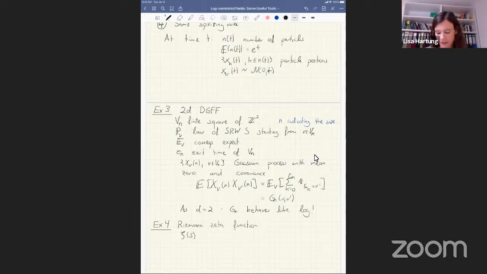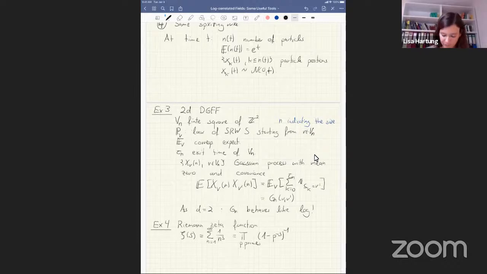The standard definition is that we look at the sum n goes from 1 to infinity, 1 over n to the s, where the real part of s is larger than 1. Then this sum makes sense. And there's another way of writing it, namely as a product over primes, 1 minus p to the minus s, all inverted.